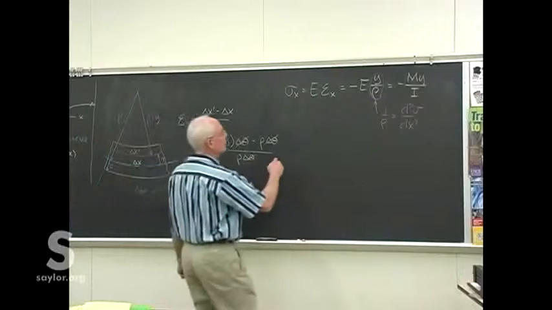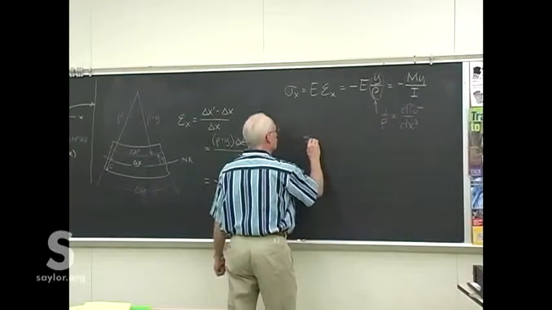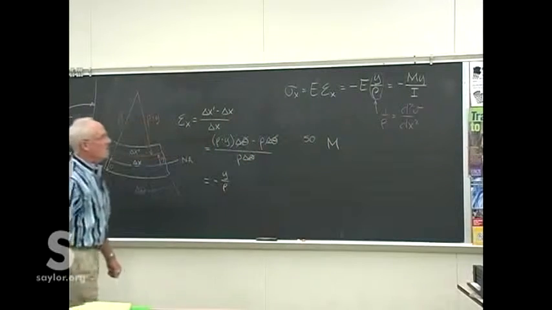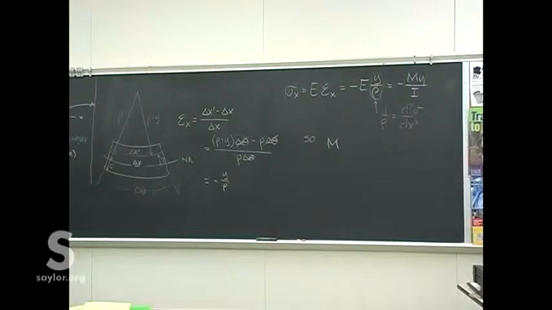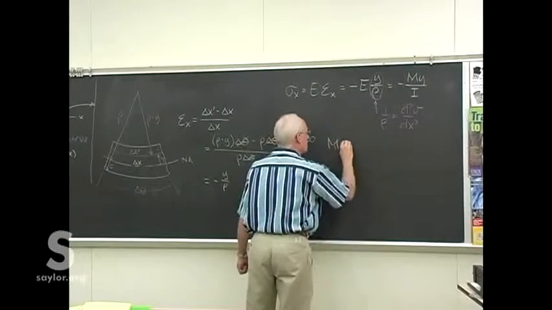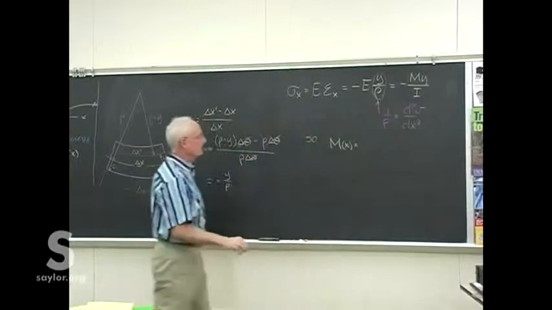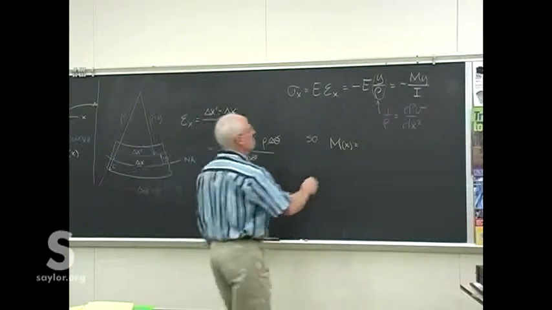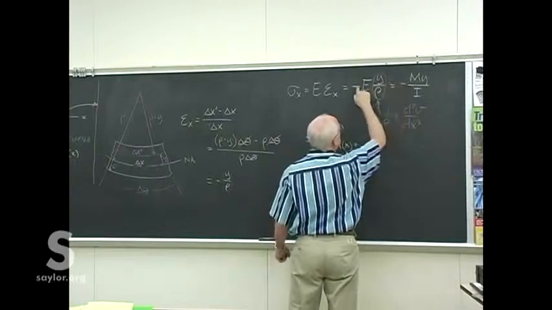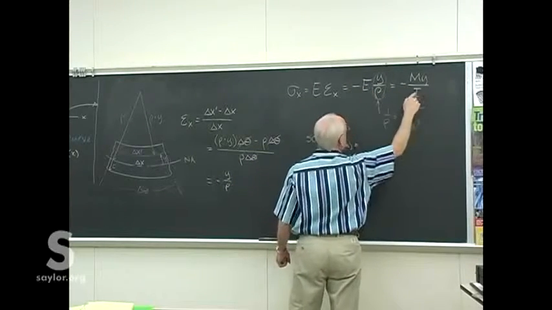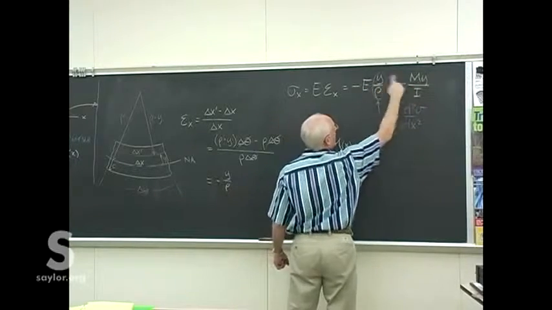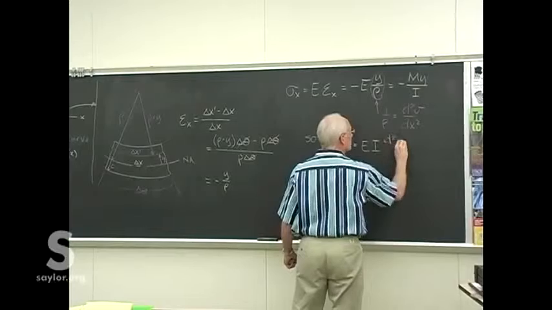All right, so let me rearrange things a little bit. So M, the moment, which remember is itself a function of x, changes down the beam. In fact, maybe we'll put that in just to remind us. The moment as we go down the beam is now, the minus signs cancel, E times I, and the y's cancel, times the second derivative.